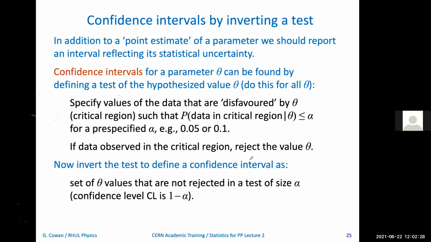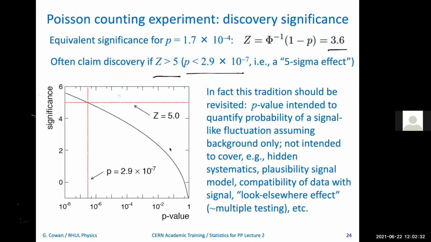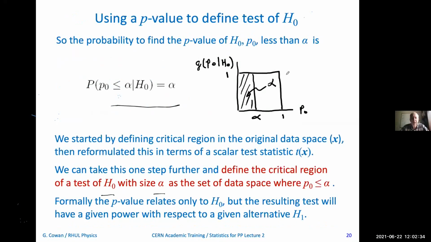Can you go back to slide 20? Yes. Okay, I was just a bit confused because you said formally the p-value relates only to H0. Yes. But I mean, you always have to have the alternative hypothesis, right? To define what is less compatible and what is more compatible.